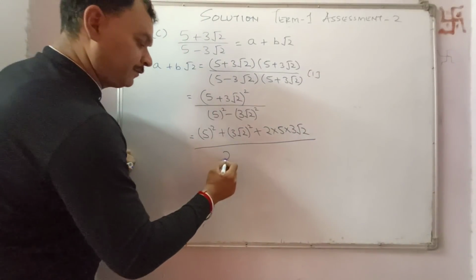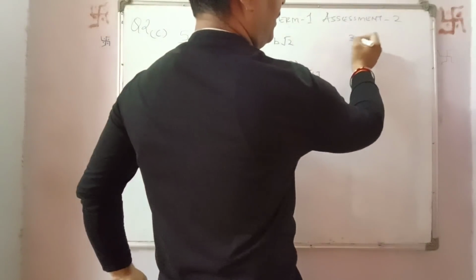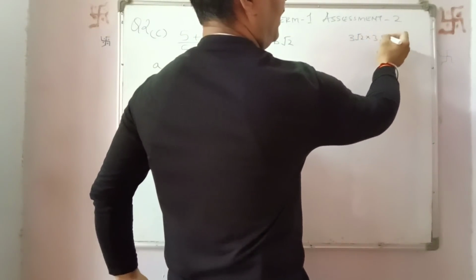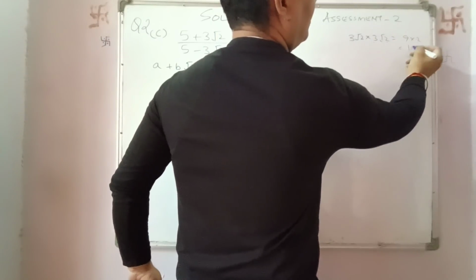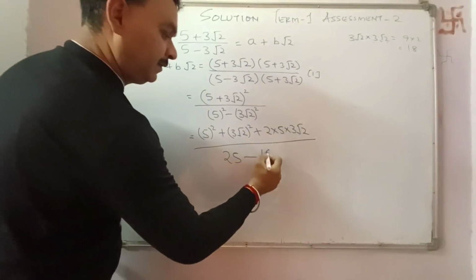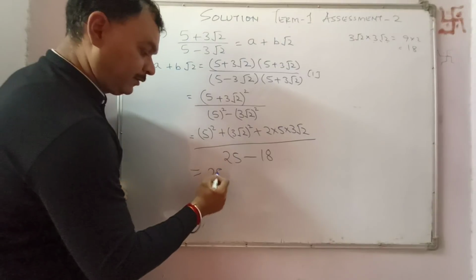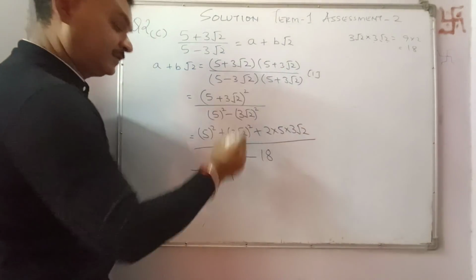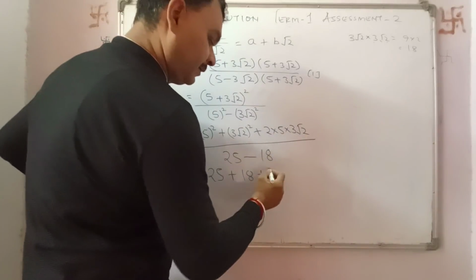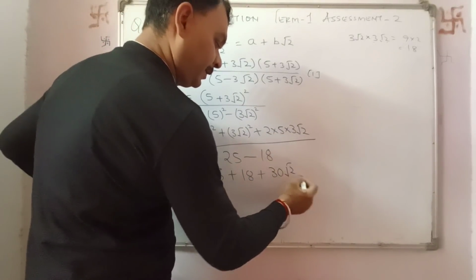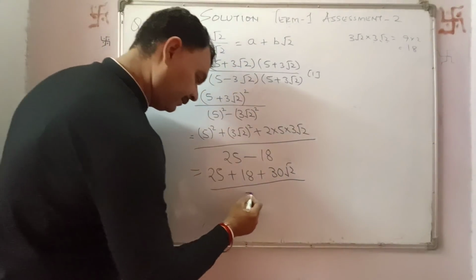In the denominator, 5 square is 25. (3 root 2) square, I told you people that if you have any confusion, multiply it. 3, 3, 9, root 2 into root 2, that is 2, that is 18. So 25 minus 18. Okay, 5 square is 25, (3 root 2) square we have just seen is 18. And over here, 2 into 5, 10, 10 into 3, 30 root 2, divided by 25 minus 18, that is 7.